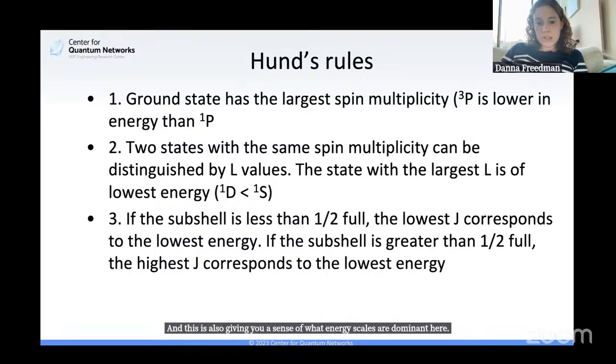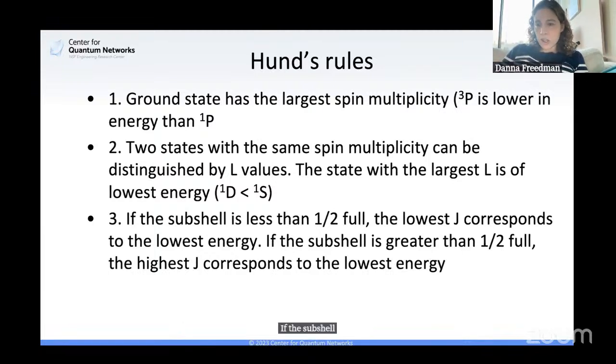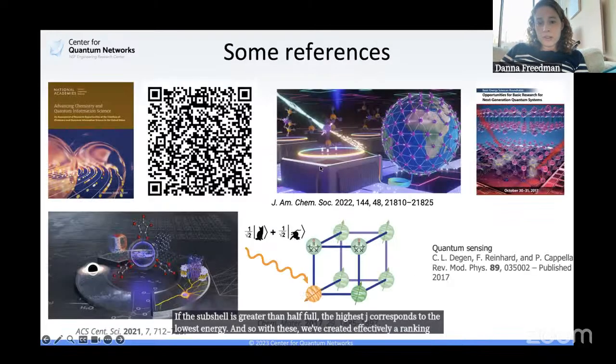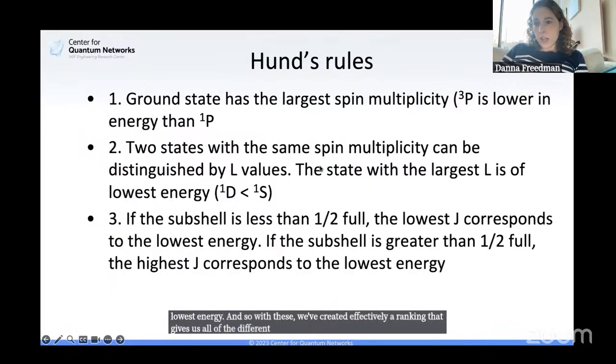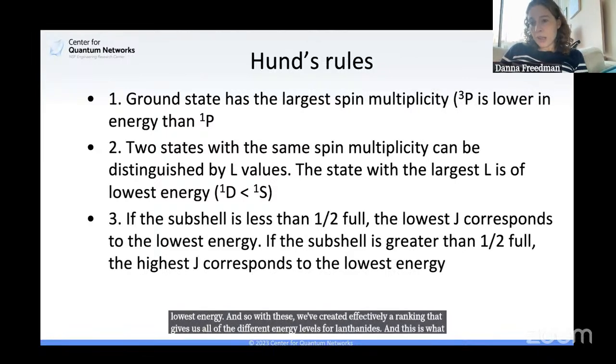If the subshell is less than half full, the lowest J corresponds to the lowest energy. If the subshell is greater than half full, the highest J corresponds to the lowest energy. And so with these, we've created effectively a ranking that gives us all of the different energy levels for lanthanides, and this is what enables erbium to emit close to the telecom band, is this relative ranking of energy levels.